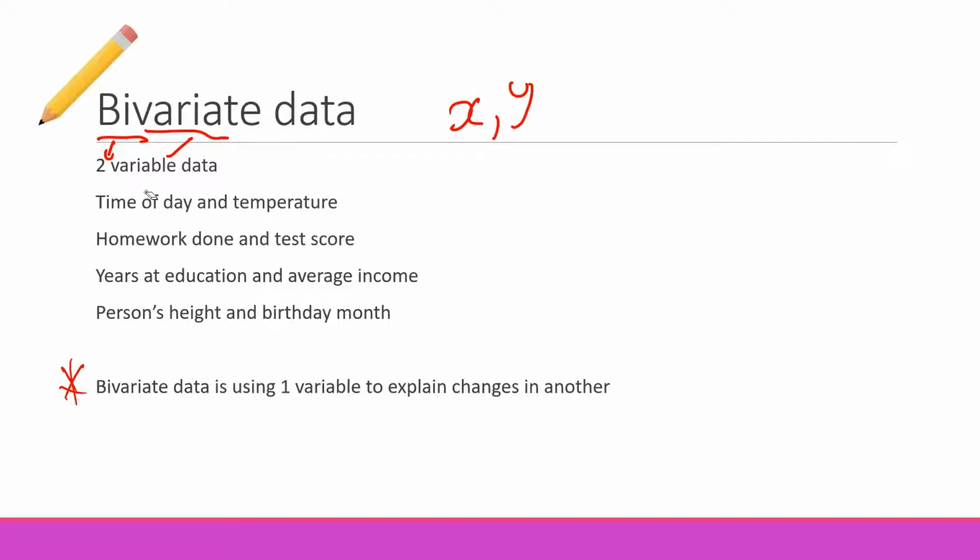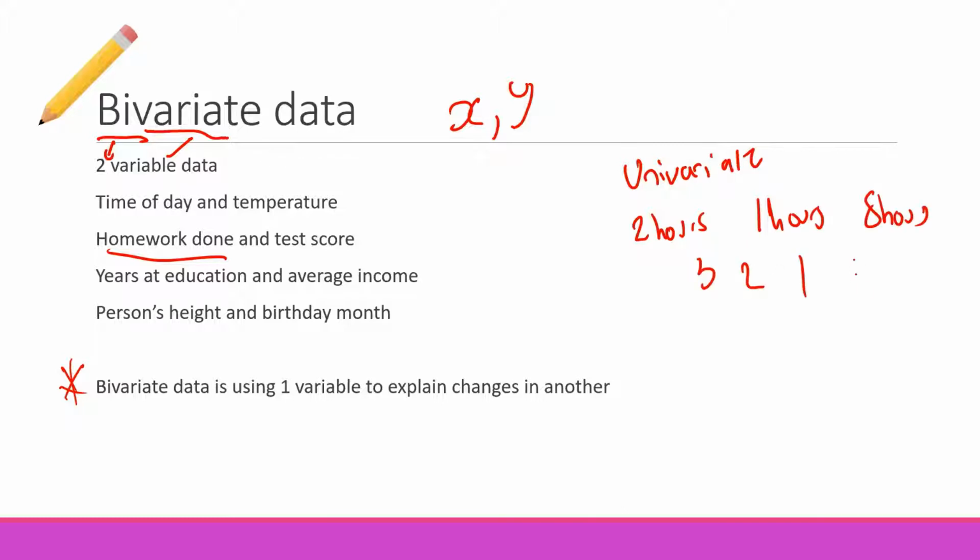Compare this to the topic that we just did on univariate data. You might ask what the difference is. With univariate data, we would have just got different values, like homework: 3, 2, 1, 4.